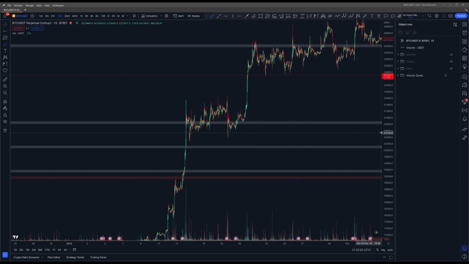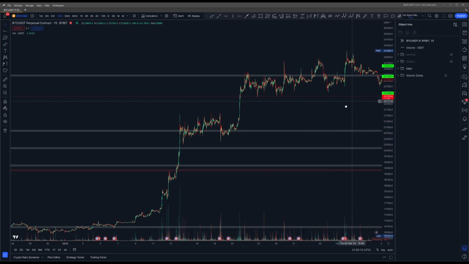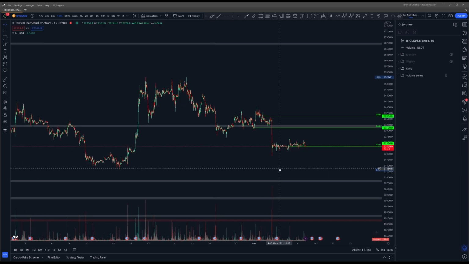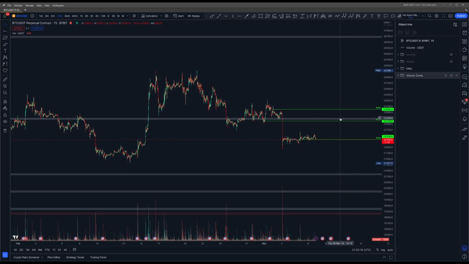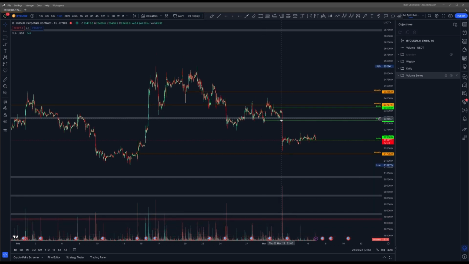Let's try and overlay that with some other key data and let's see what it does. Let's add in our daily levels. At these ranges, remember this isn't close to where we are, but at these ranges we have a nice volume zone here. Weekly, we have these there, and then on the monthly you can see we have a nice volume range there.